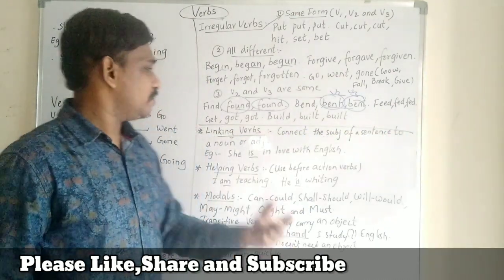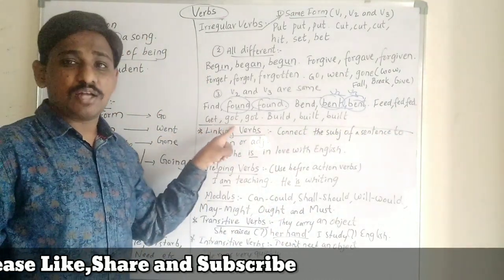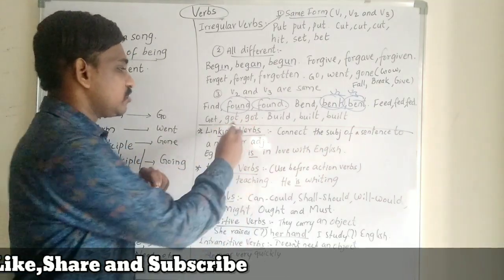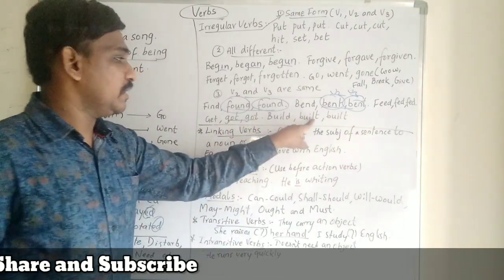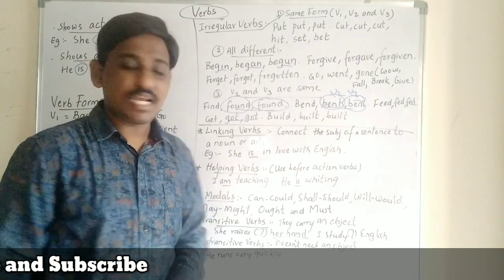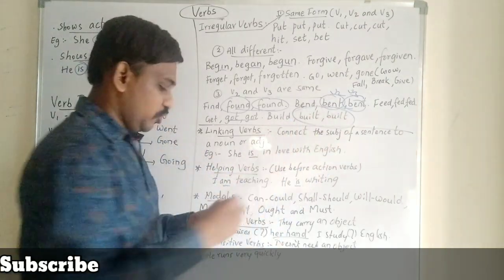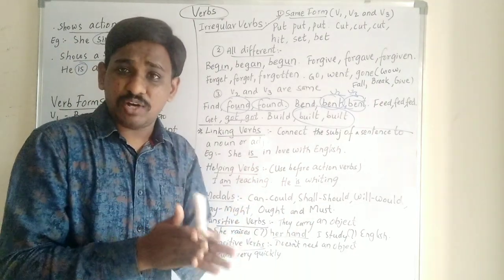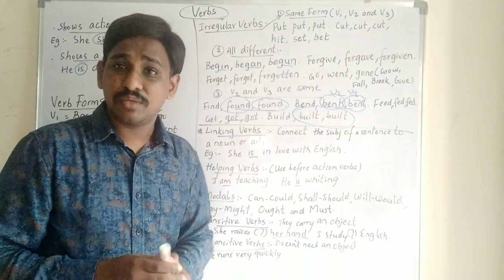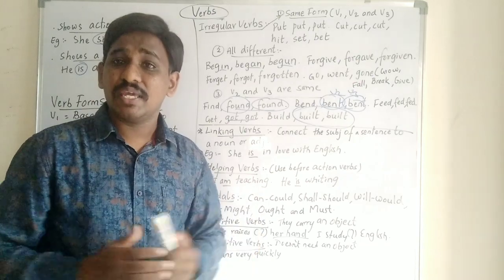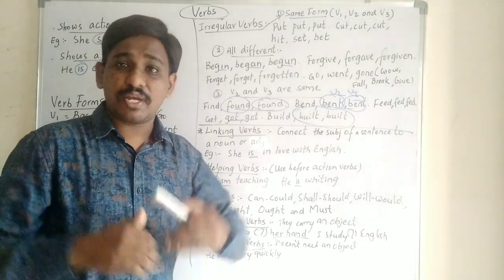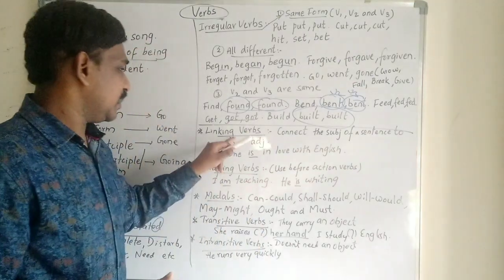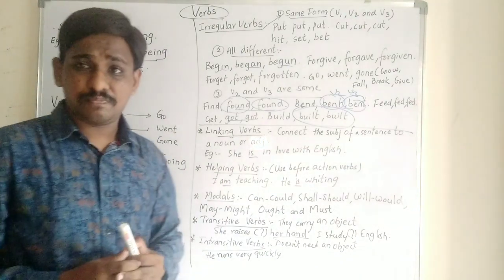Get, got, got. Build, built, built. V2 and V3 are the same. So we have completed regular verbs and irregular verbs. If you make verb forms other than with ed, V2 and V3, we call them irregular verbs or irregular verb forms.